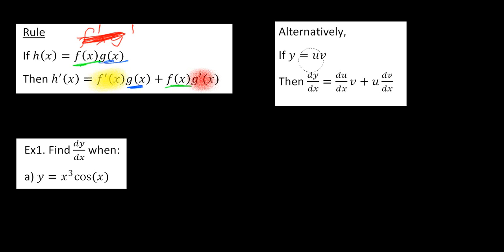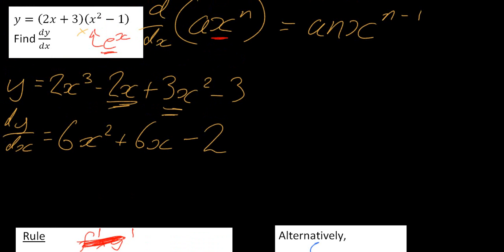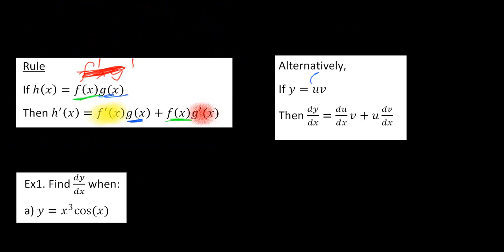So for instance, if we refer to the example at the top, so 2x plus 3, this would be your u term, and you're going to also have the v, which was x squared minus 1.